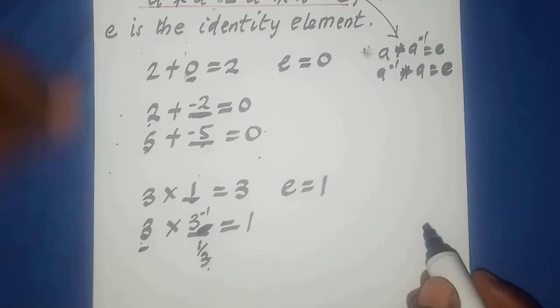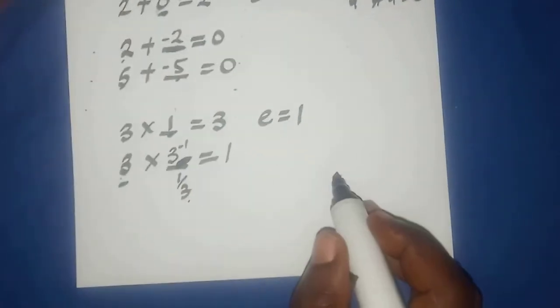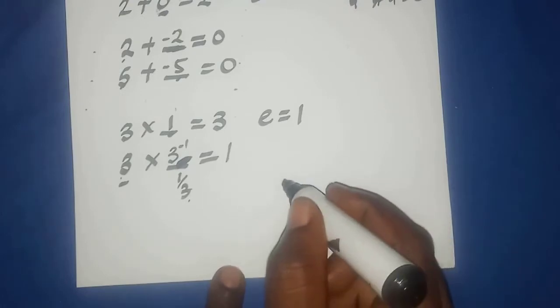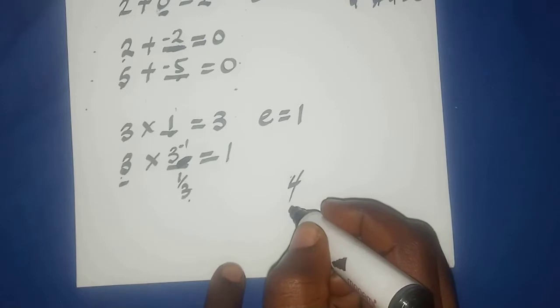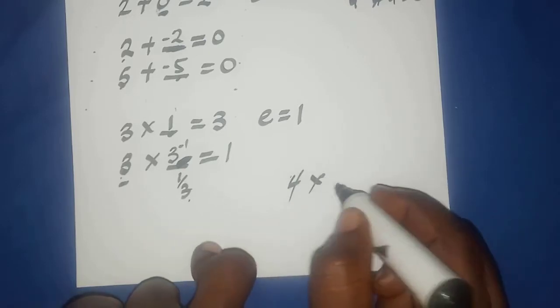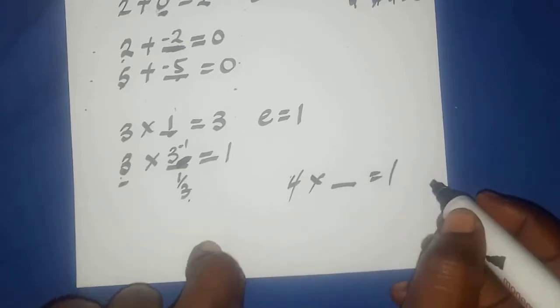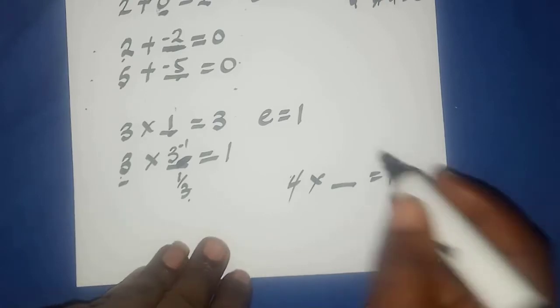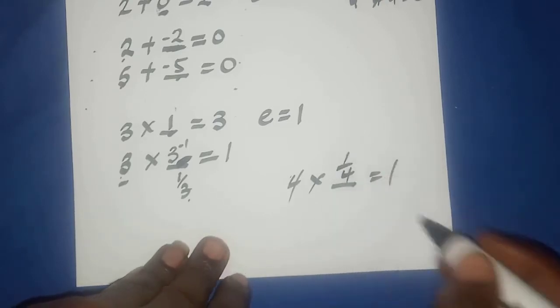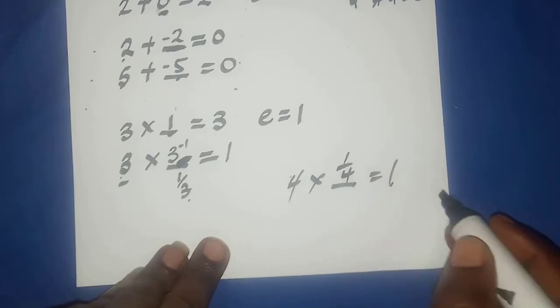Likewise, if you have, let's say, 4, 4 times what number will give you the identity element for multiplication? Then you can tell me that 4 times 1 over 4 will give you what? 1.